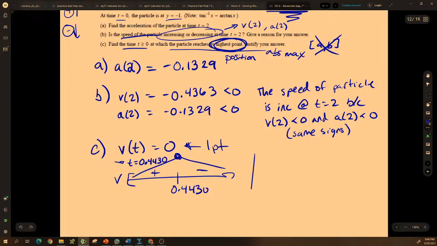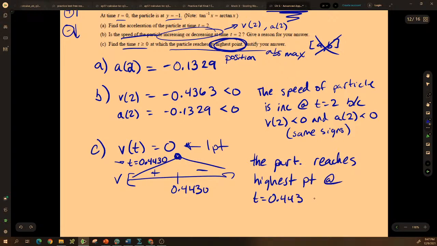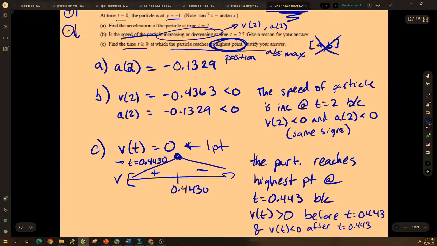So we could say something like the particle reaches the highest point at time 0.443 because v of t is greater than 0 before t equals 0.443 and v of t is less than 0 after t equals 0.443. Something like that.